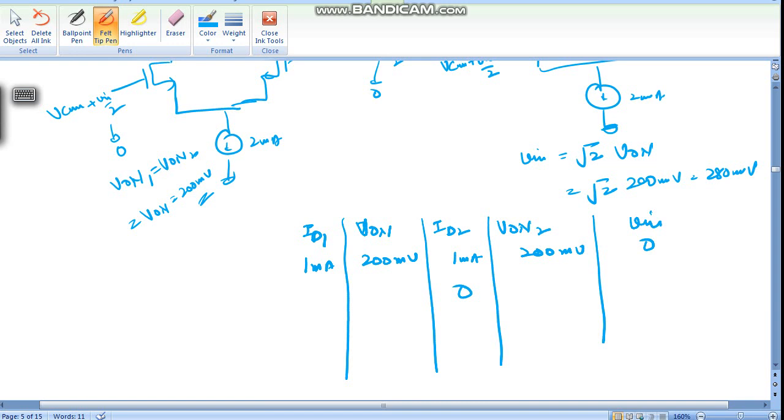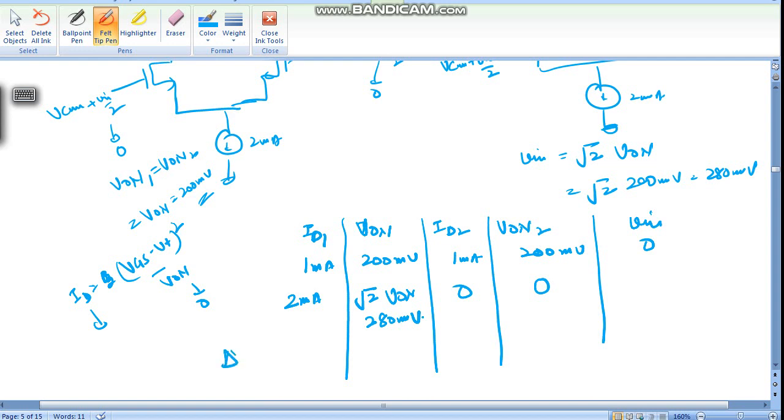From the equation ID equals beta times (VGS minus VT) squared, this current is 0 when VON is 0, so new VON2 is 0. Now here it is 2 milliampere, so the new value of VON is square root 2 VON, or 280 millivolt.